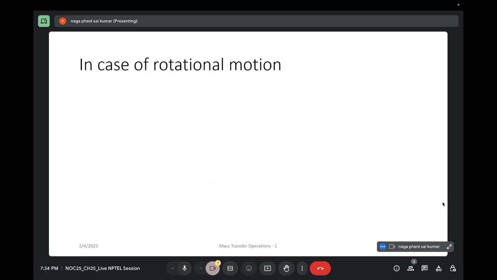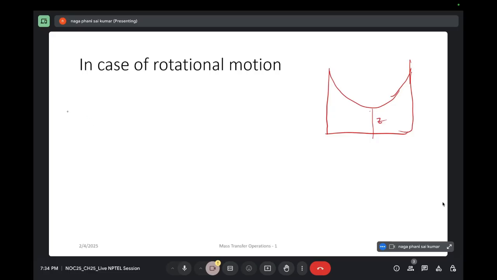and in case of rotational, okay, if there is a rotational flow or rotational motion, say if the liquid is moving or rotating with the angular velocity omega, this is height z.